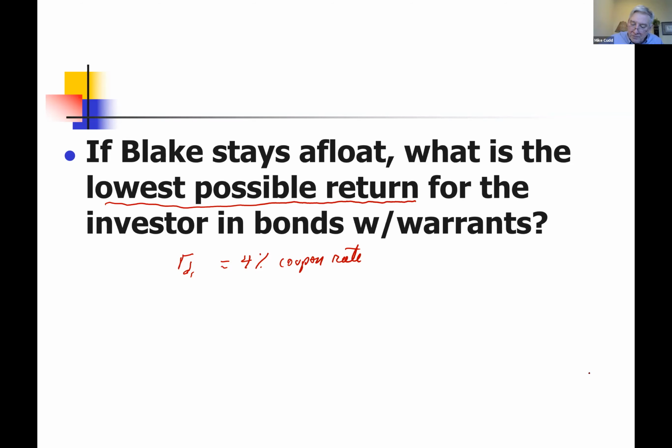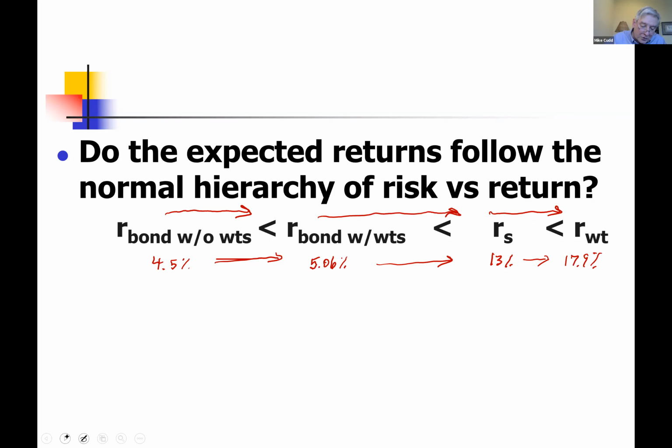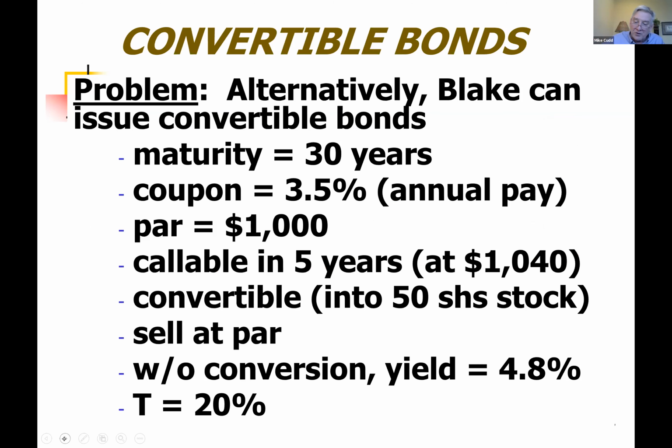Some companies sell bonds that are convertible into stock, for the same reason. Let's assume another possible source of funding for Blake is to sell convertible bonds.